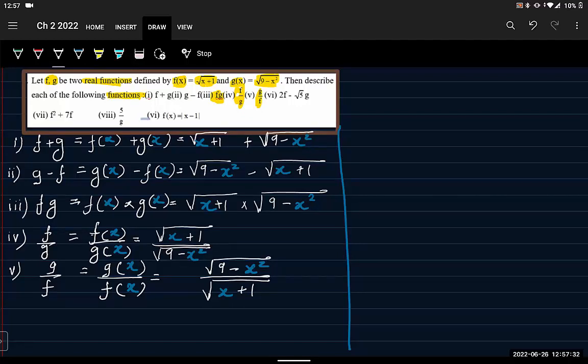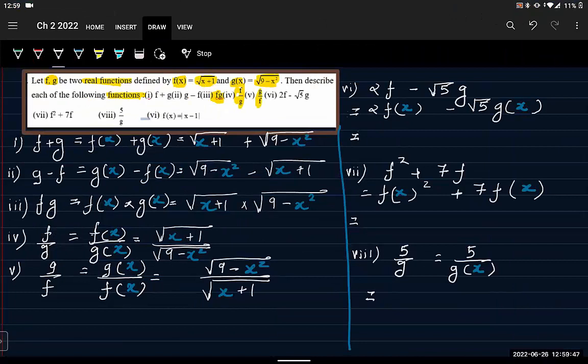Now we'll look at the next, the sixth sub question, which is 2 times f minus root 5 into g. So this means we have to find 2 times f of x, which is 2 times under root of x plus 1, minus the second term, root 5 into g of x.